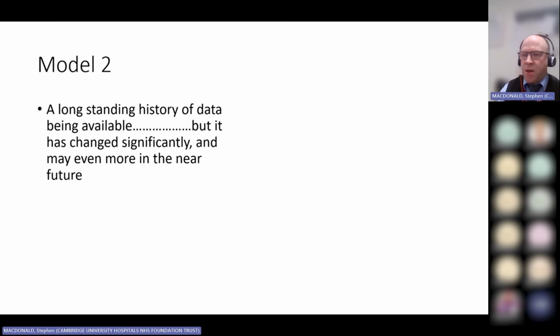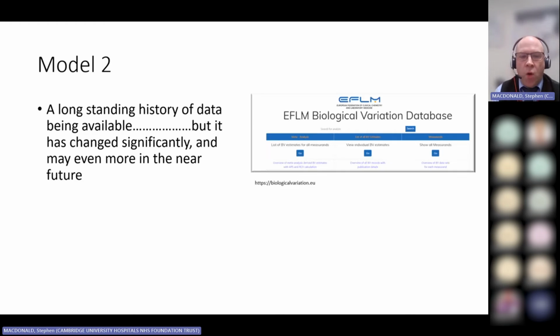And I've stressed that point about valid biological variation data because there has been a long-standing history of data being available, but how we interpret that data and how we use that data has changed significantly in recent years, not least due to the harmonisation of the biological variation information held on the EFLM biological variation database.